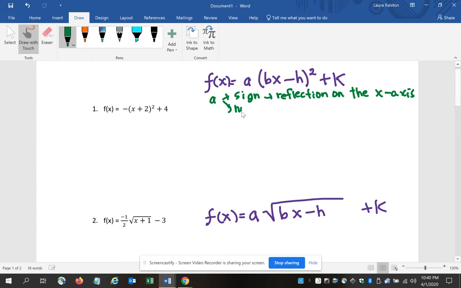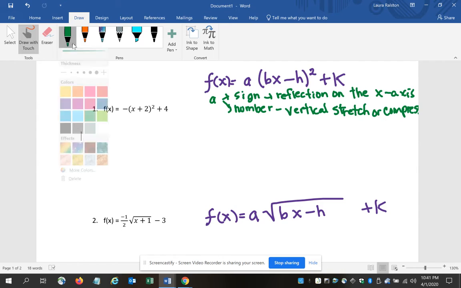We focus on the numeric value, and that tells us whether or not there is a vertical stretch or compression. We call it a stretch or a shrink. Remember, if A is bigger than 1, it's a stretch. If it's less than 1, it is a compression or a shrink.